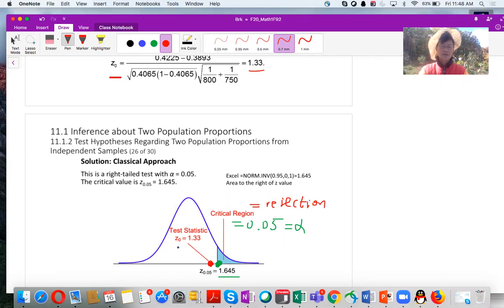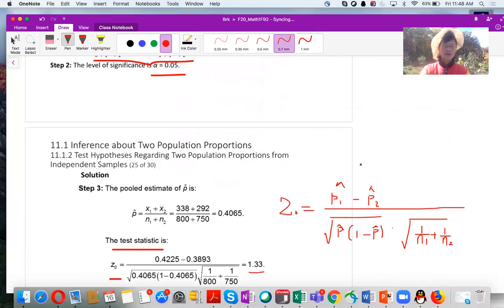If a test statistic is not in the rejection region, you conclude do not reject H0.